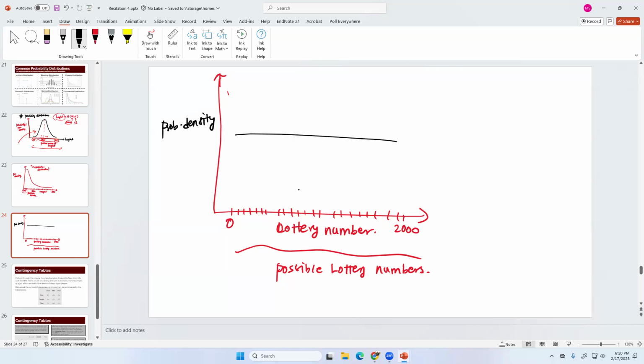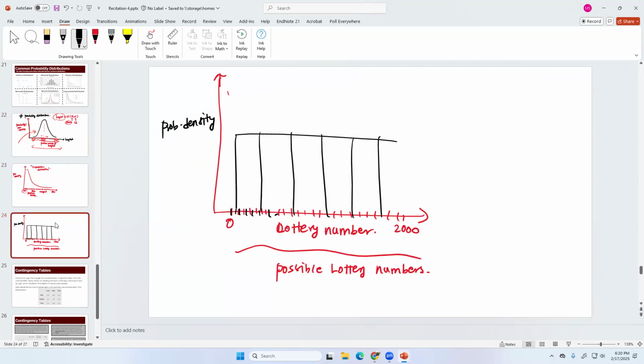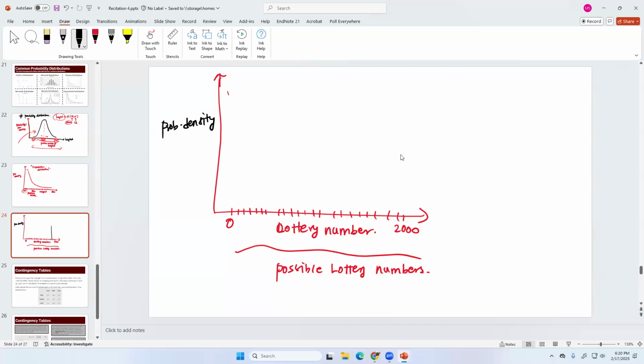This makes sense, right? Every single lottery number has the same height. Okay, so it's not changing like it was changing for weight and for height. So let me delete the bars. And this is called a uniform distribution.